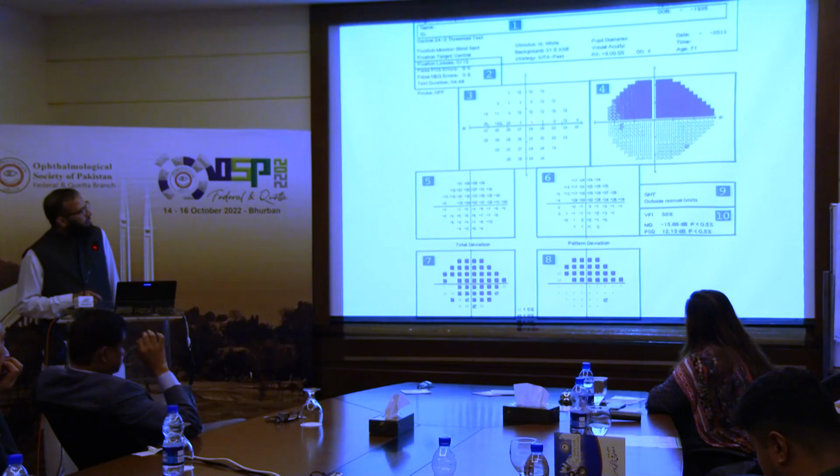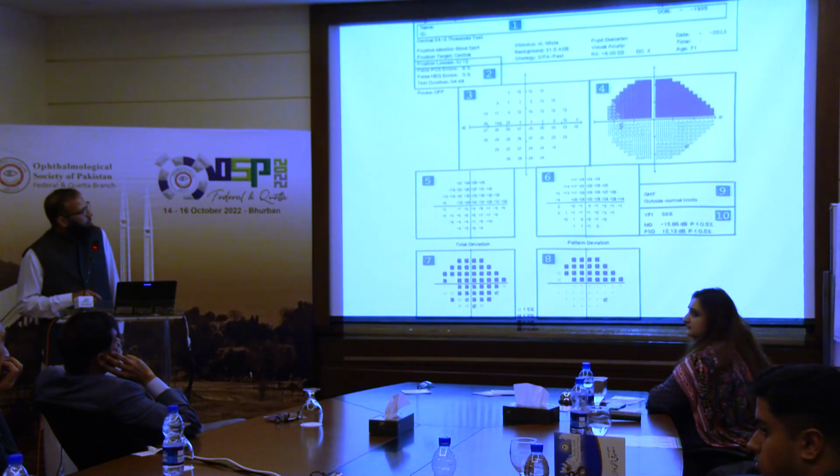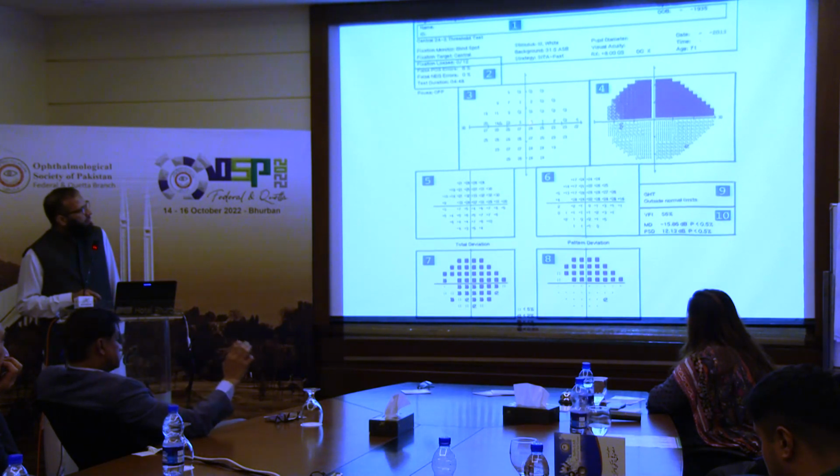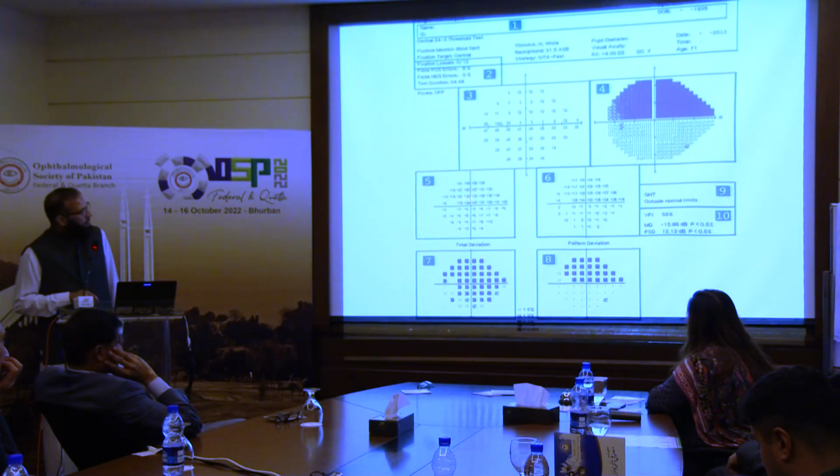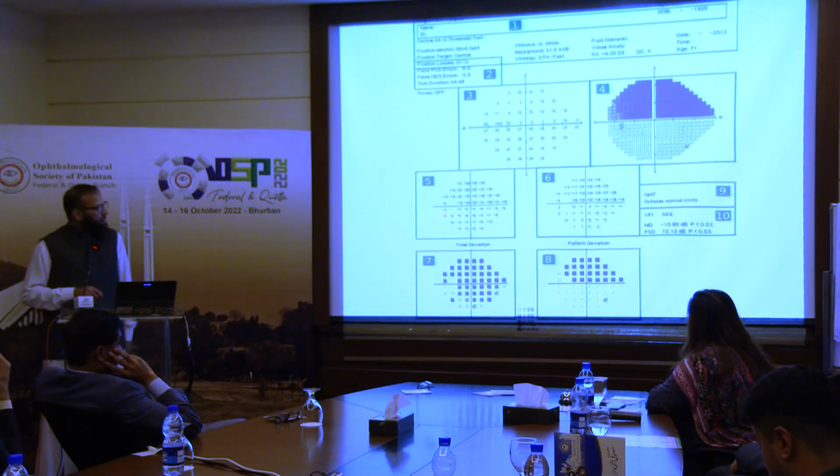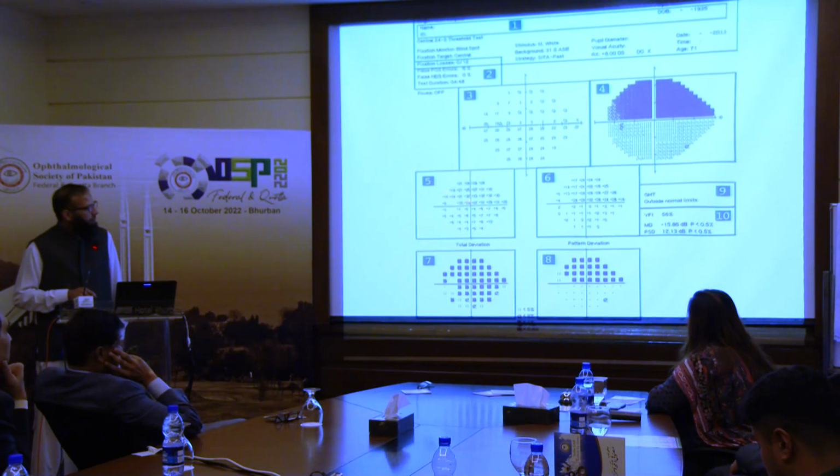So this point is depressed from its age-matched normative database by 27 decibels. So actually at this point the sensitivity should be 32 decibels. Same is for each of these points. The deviation from the age-matched normative database is mentioned here.